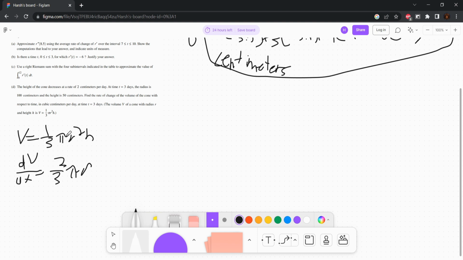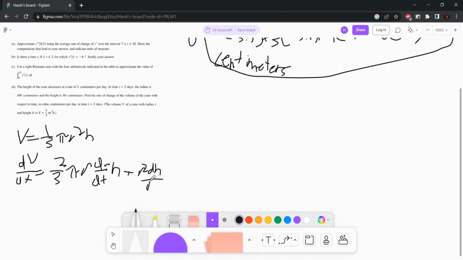And since r is a value that changes, you take the derivative of r and put dr over dt, times h, and then plus r squared dh over dt.